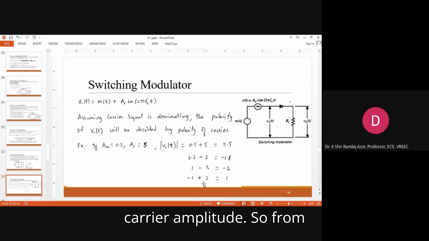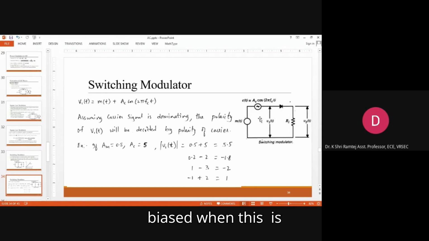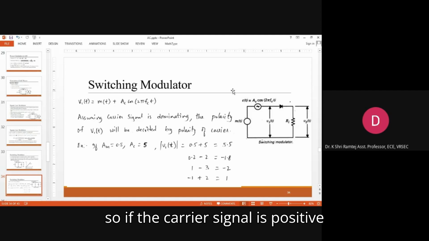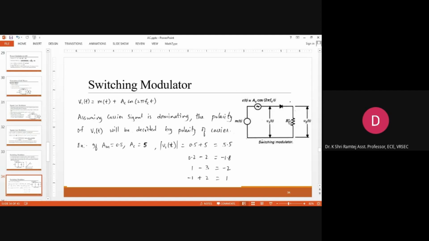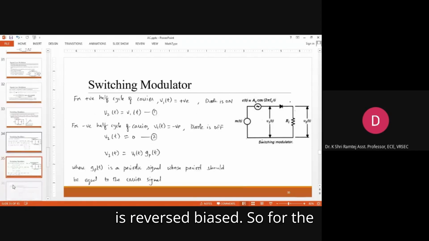From this we can say that the diode will be forward biased when V1 of t is positive, and the diode will be reverse biased when V1 of t is negative. Since V1 of t is mainly dominated by the carrier signal, if the carrier signal is positive, the diode will be forward biased, and if the carrier signal is negative, then the diode is reverse biased.